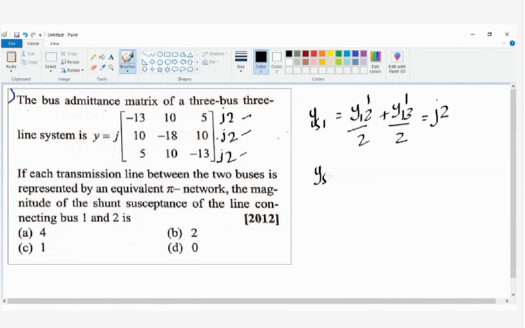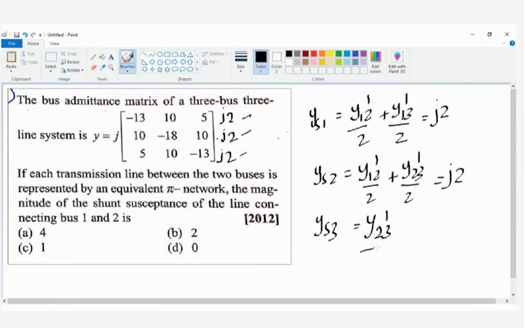Similarly, y shunt 2 is y12 dash by 2 plus y23 dash by 2, which is J2, and ys3 is y23 dash by 2 plus y13 dash by 2, which is J2.